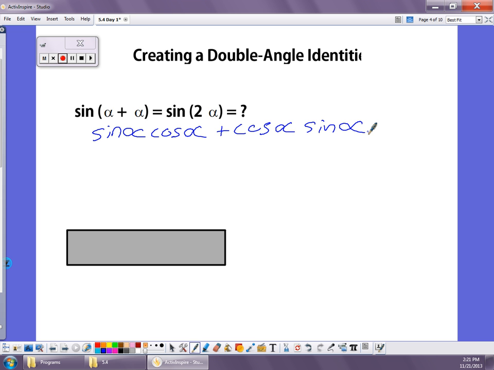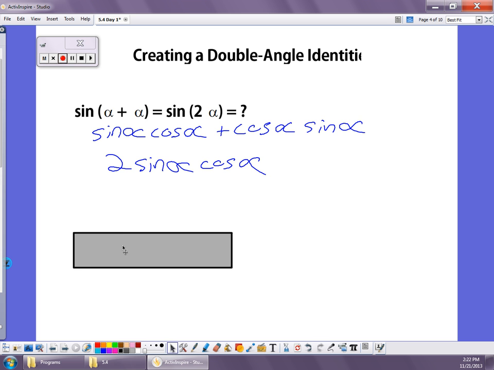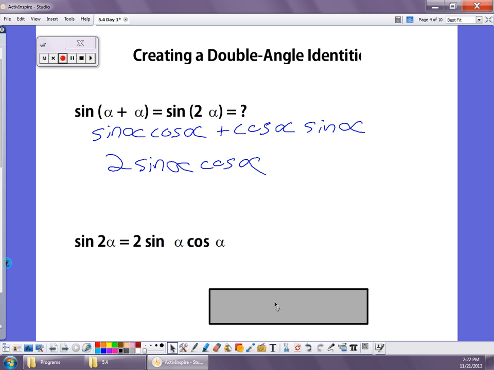And you notice that these two are really one and the same, so we can rewrite this as 2 sine alpha cosine alpha. So what we end up seeing is that 2 sine alpha cosine alpha and sine 2 alpha are really interchangeable. So we can go both from sine 2 alpha to 2 sine alpha cosine alpha, and from 2 sine alpha cosine alpha to sine 2 alpha, both ways.